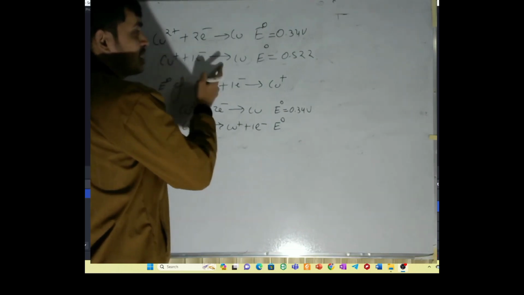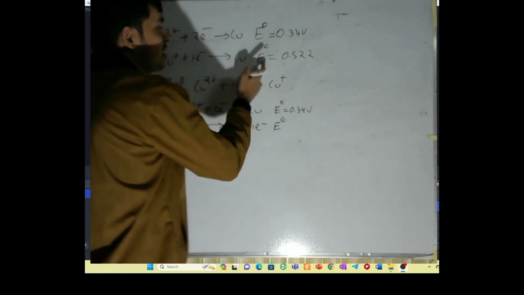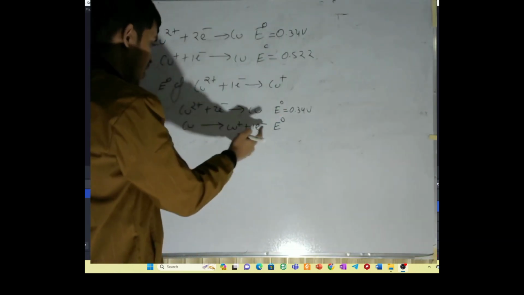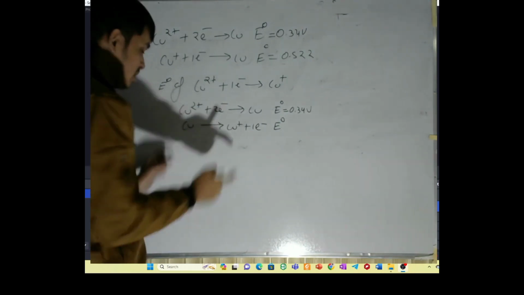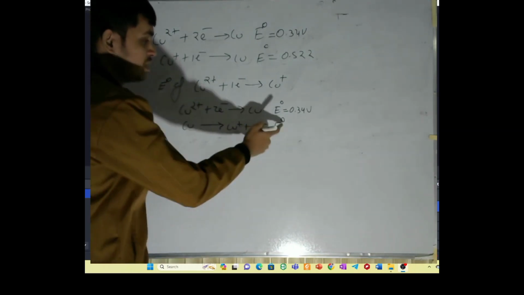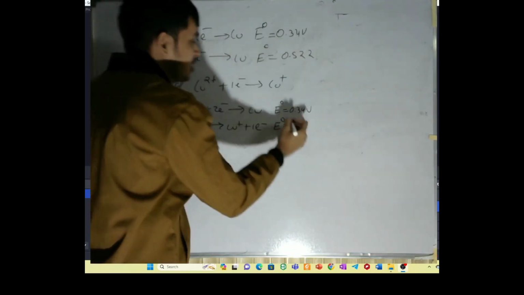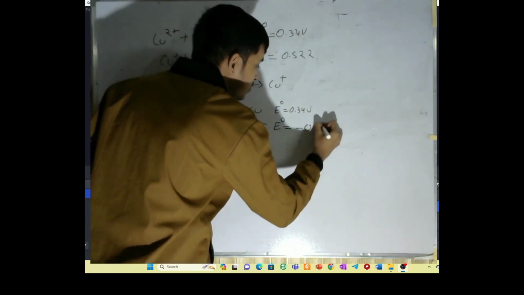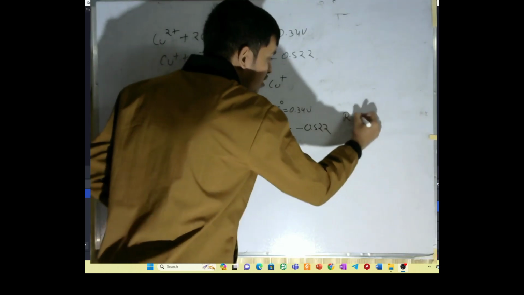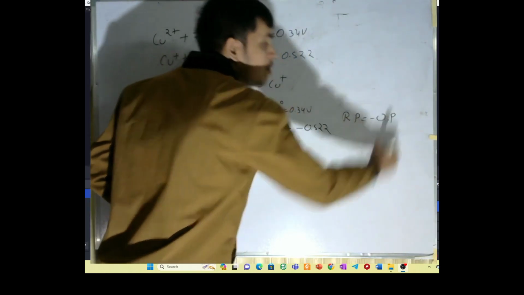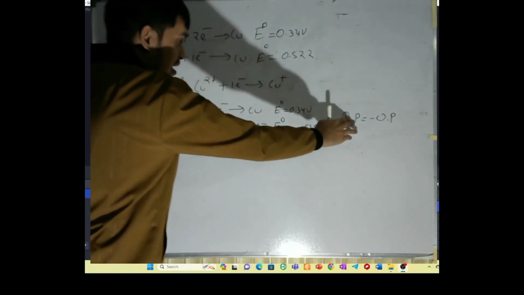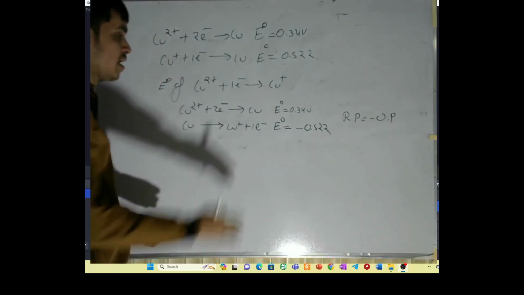Actually this is a reduction, so the electrode potential given here is the reduction potential. Here I am reversing, making the reaction an oxidation, so this will be the oxidation potential. Reduction potential is the negative of oxidation potential. This is the relation between reduction potential and oxidation potential.